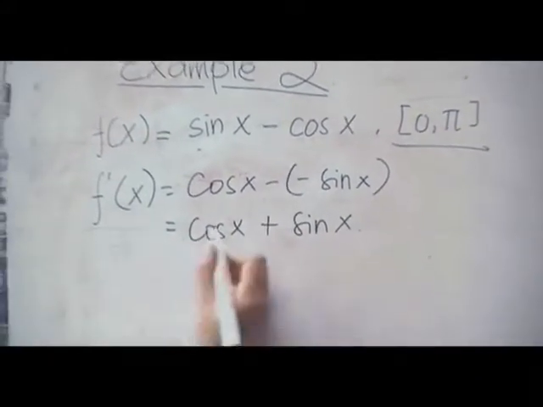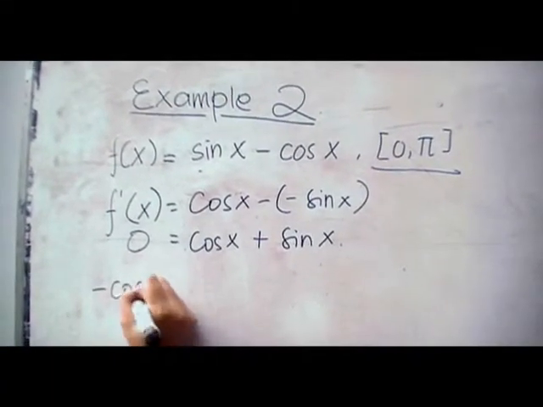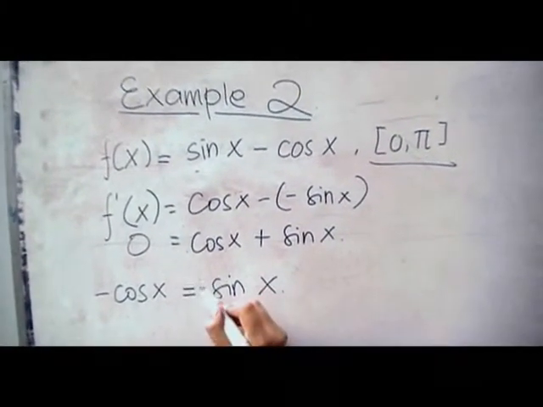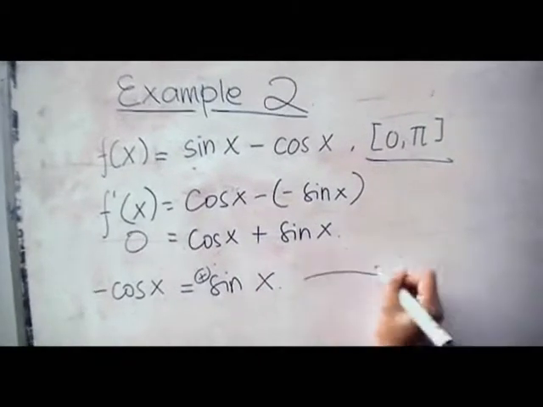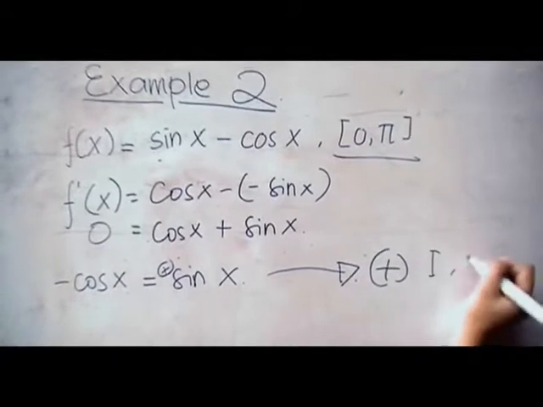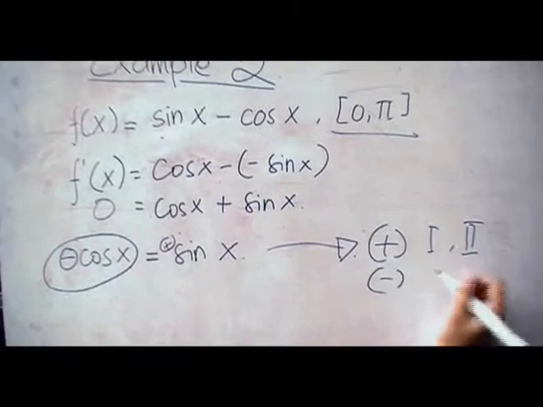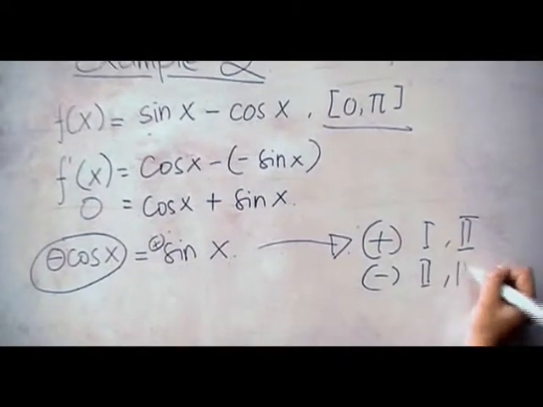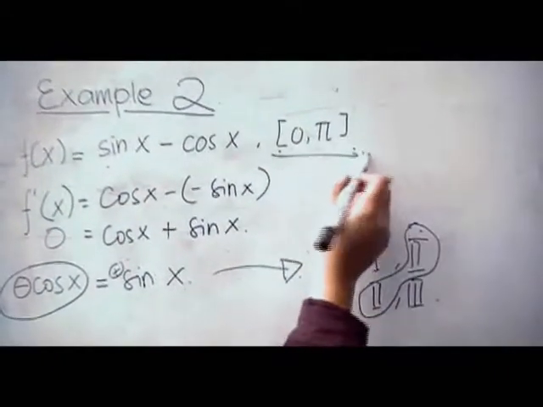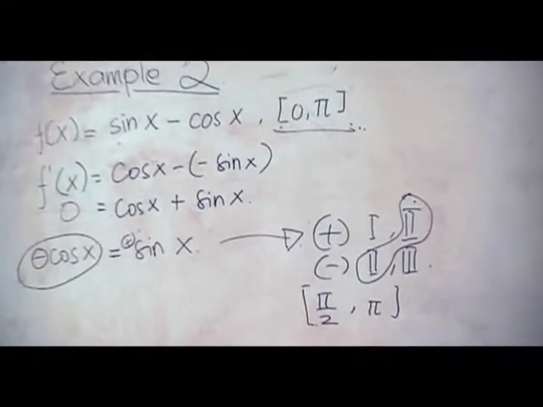We need to make it 0, so we get minus cos x equal to sin x, like this. Sin x is positive in the first and second quadrants, and cos x is negative in the second and third quadrants, so it will be in the second quadrant during this interval, which means between pi over 2 and pi.